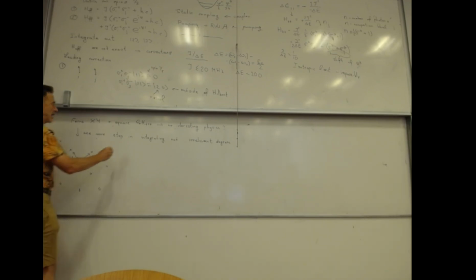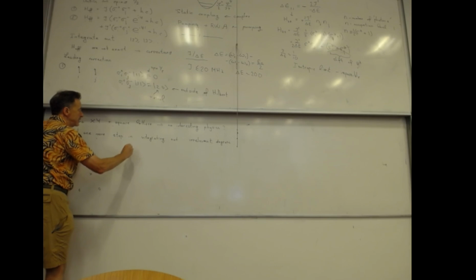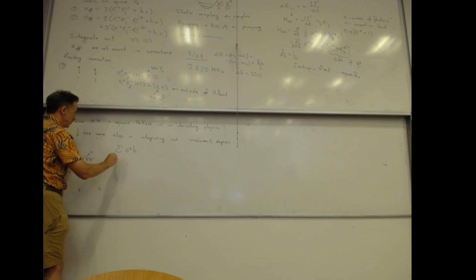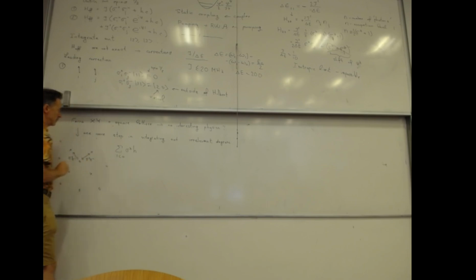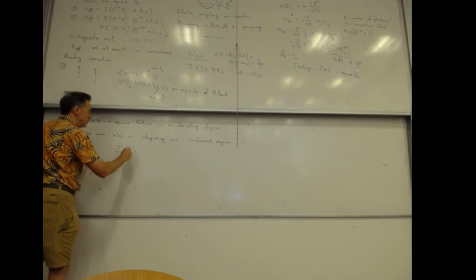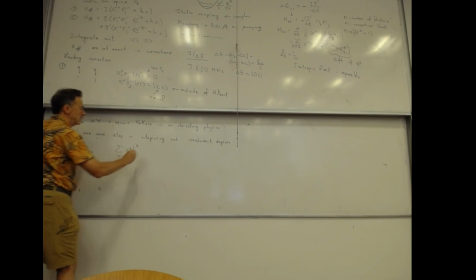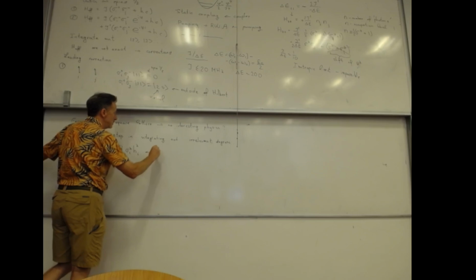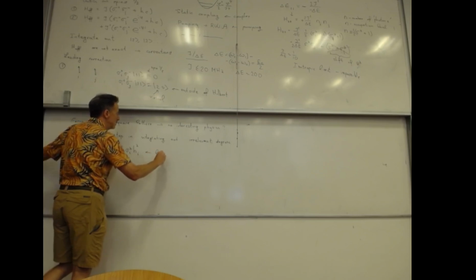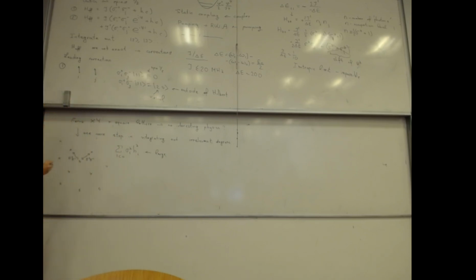I now apply, and that's very easy for me, a large sigma z field only on sites which are circles. So experimentalists will say that I detune.